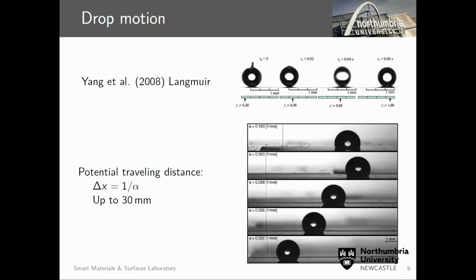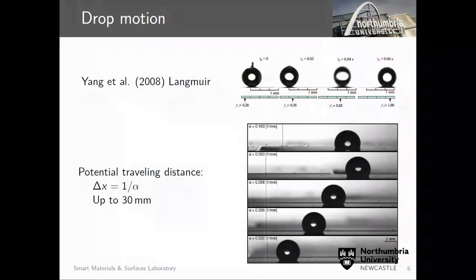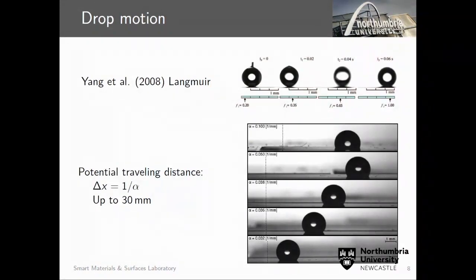The second point is that we can move drops over longer distances. In those experiments, they were able to move drops over 1 millimeter. If you take this surface that we have here, the gradient is 0.03, which means we should be able to move that drop roughly 30 millimeters, which is not that long, but is enough to perform some kind of microfluidic application if you want to merge drops, to split drops, etc.